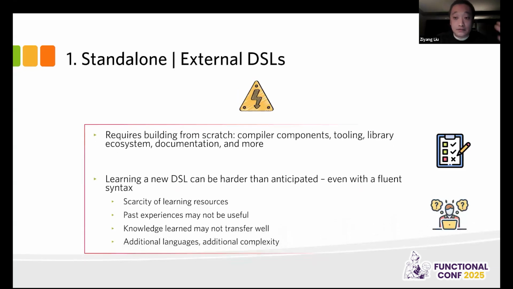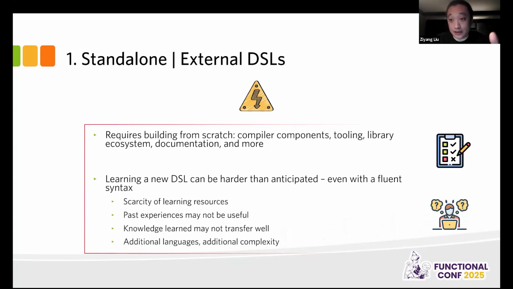But on the flip side, there are some drawbacks of standalone DSLs. Number one, from a language developer point of view, developing a standalone DSL is often a lot of work, because you need to build a lot of things from scratch. For example, the entire compiler and perhaps a runtime system.